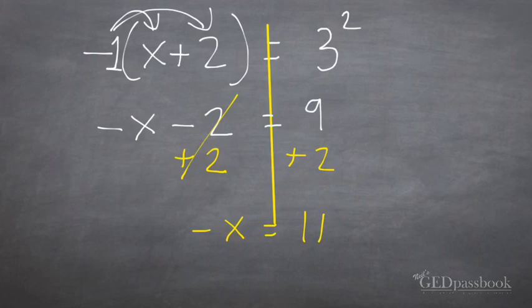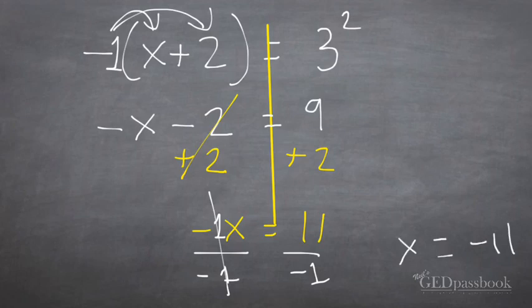Divide it. Divide by the negative 1 that happens to be there. There's a 1 there, right? You divide it out, throw it over there, and next thing you know, x equals negative 11.